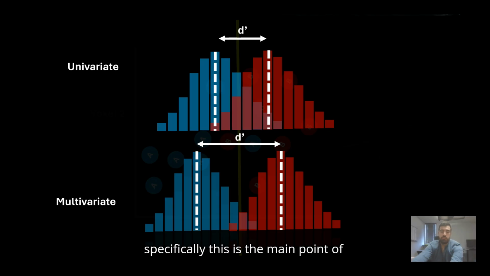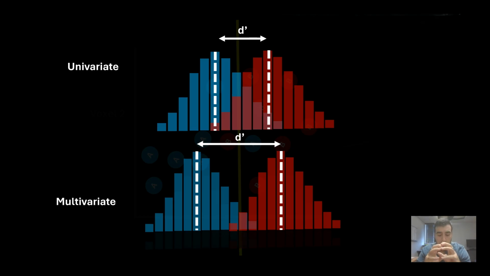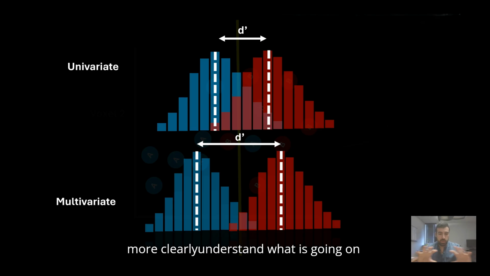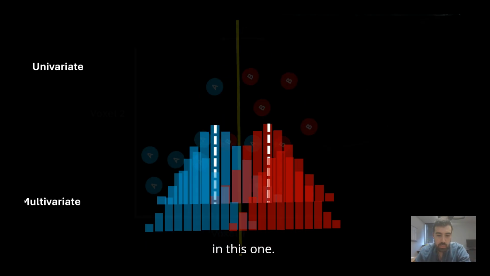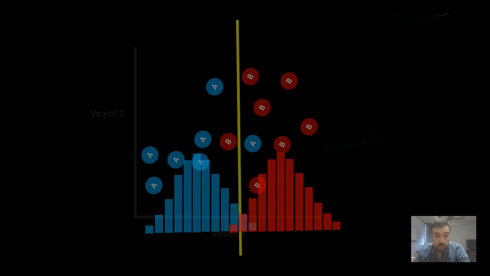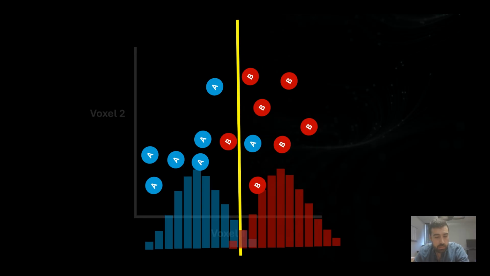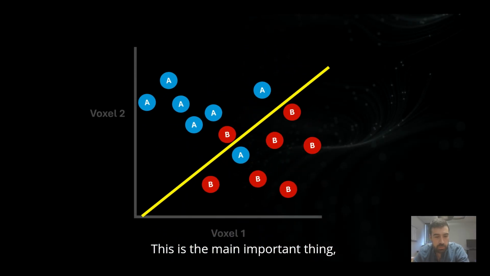This is the main point of what we are trying to do in a multivariate approach. We try to move both distributions apart, to separate them, to better and more clearly understand what's going on in each one. This is the main important thing.